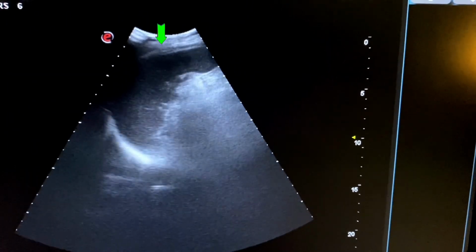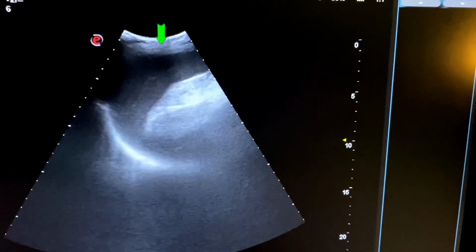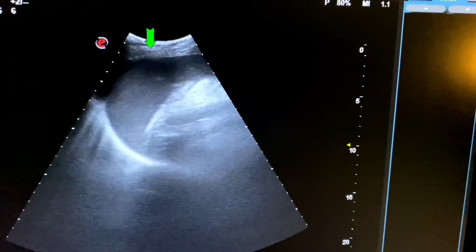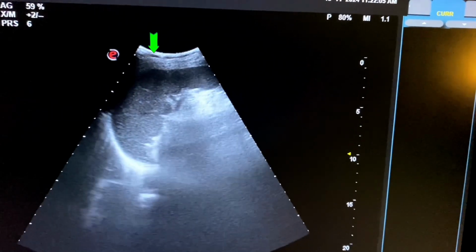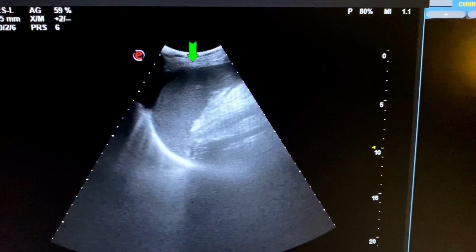Here we see the spleen. When liver texture becomes coarse, the splenic texture will also be coarse due to inflammation.